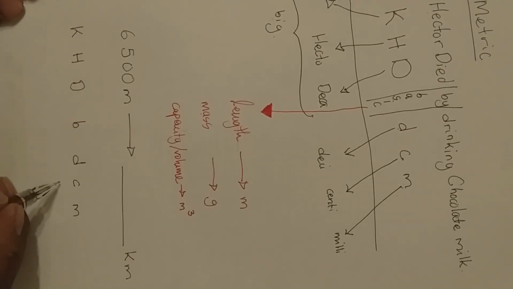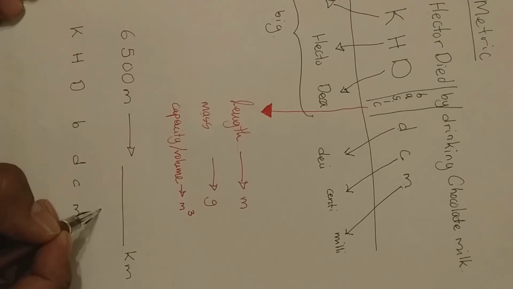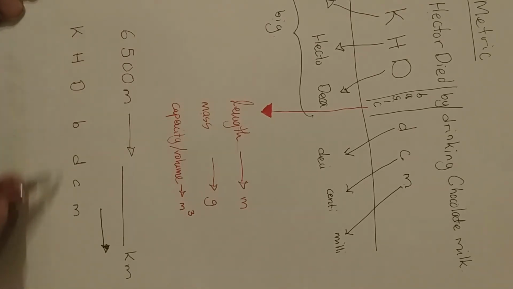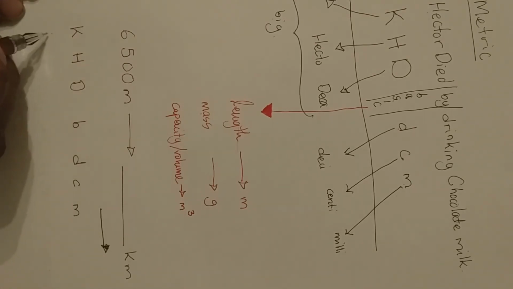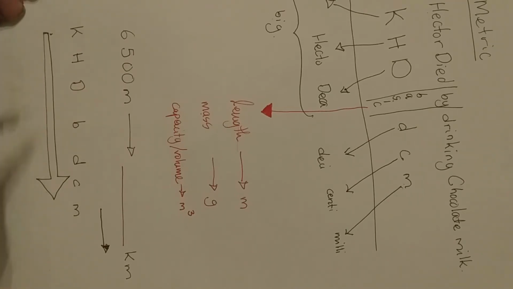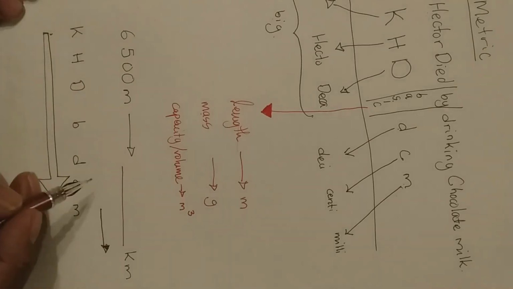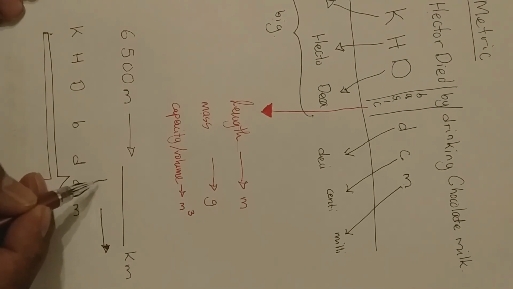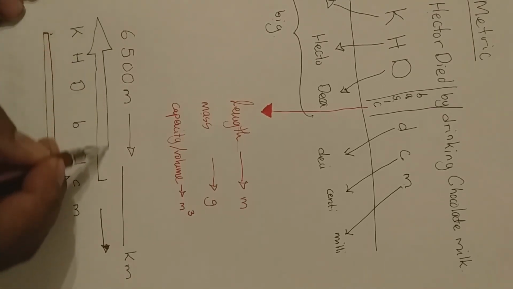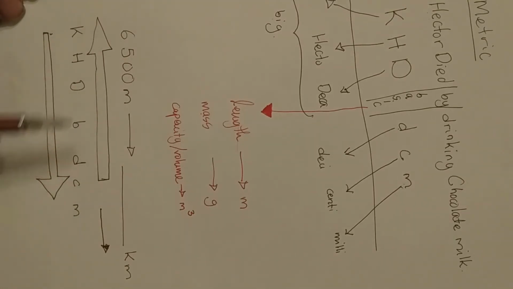If you move from left to right, then your decimal will also move from left to right the number of times you are asked to convert. If you are moving from right to left, you do the same thing.